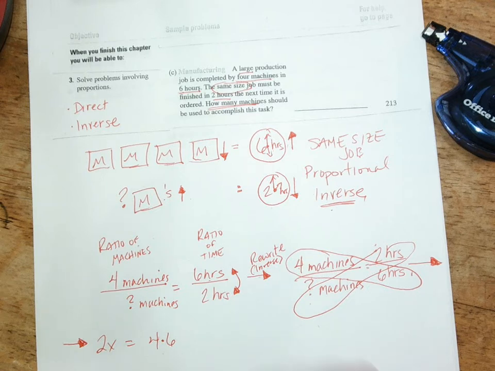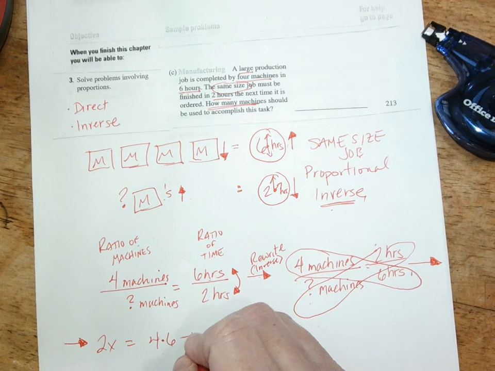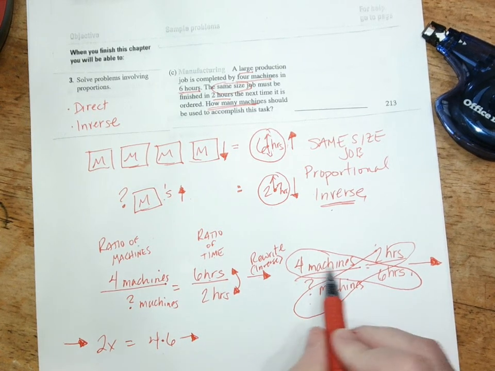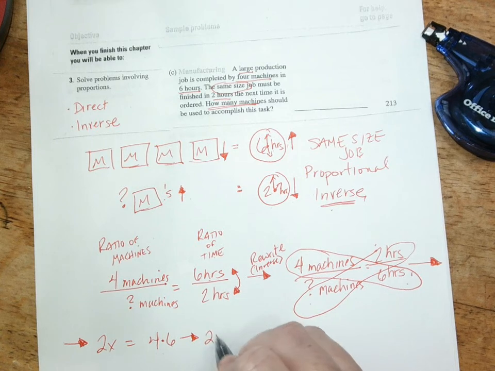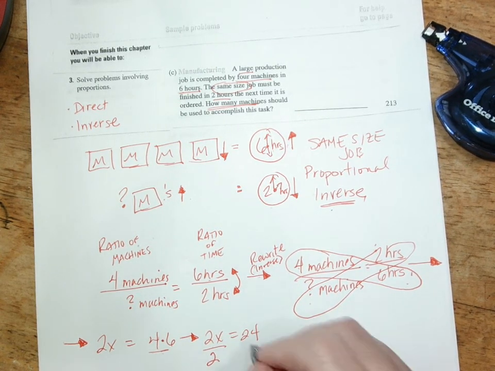So, I'm going to rewrite this. Now that I'm showing my work here, showing that I'm multiplying the 4 times the 6, I'm going to rewrite it and say that 2x is equal to 24. Alright, we need to get that x by itself, so we're multiplying the 2. To get the x by itself, we're going to divide, and if we divide, we have to divide on both sides.